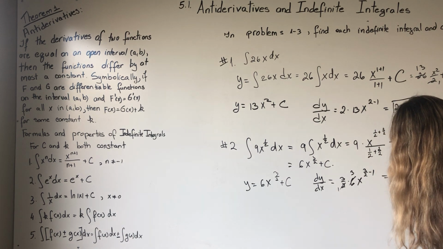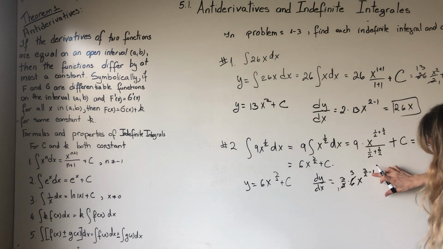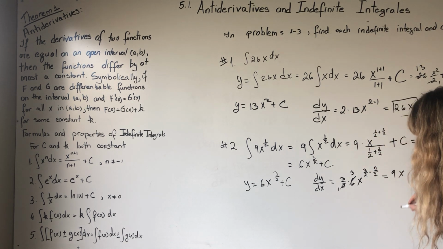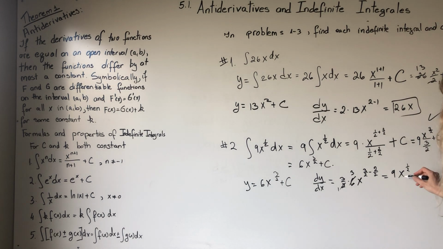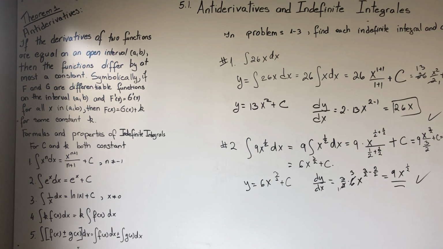And then we have x. To subtract fractions, I have to have the same denominator. 3/2 minus 1 is 1/2. So this is my answer. Is that the same as the initial? Yes. Well done. Let's see the third one.